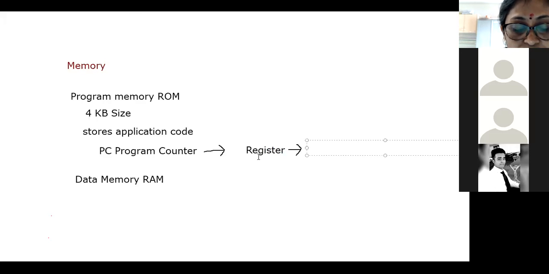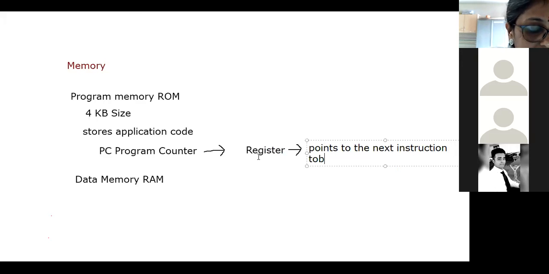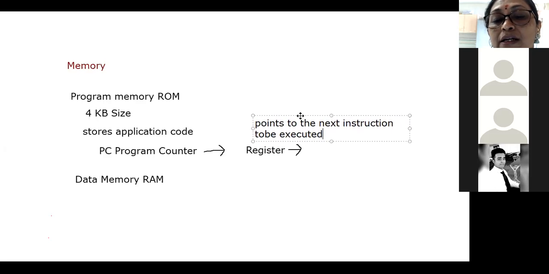Next instruction to be executed. So what it does? Points to the next instruction to be executed. This is the function of your program counter. Do you understood?